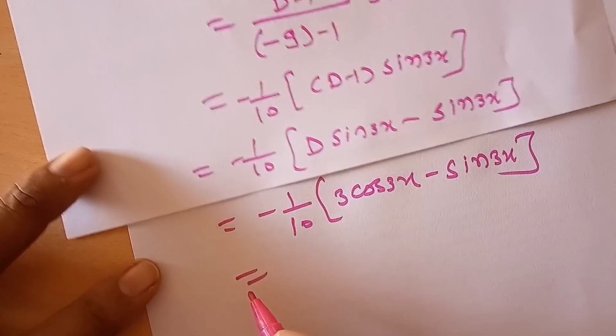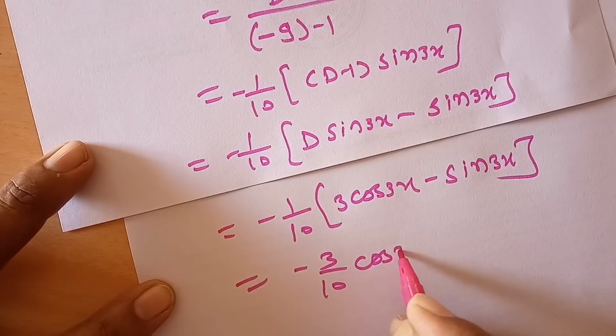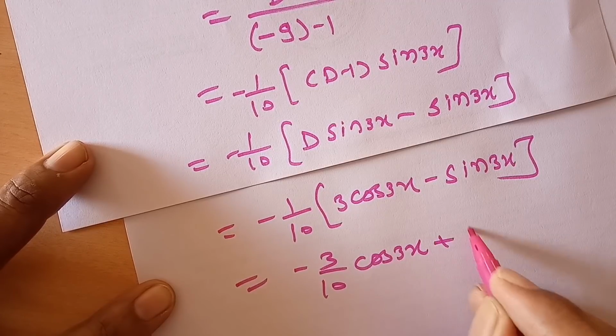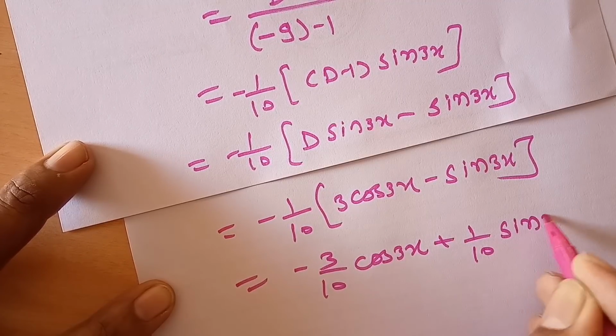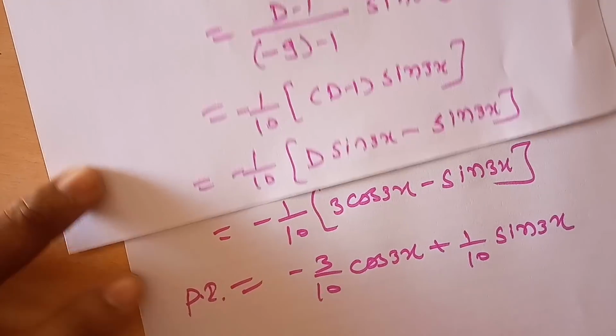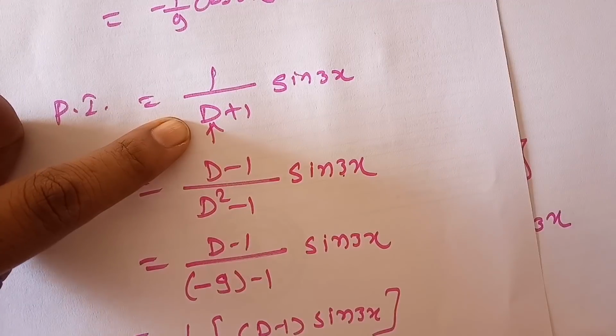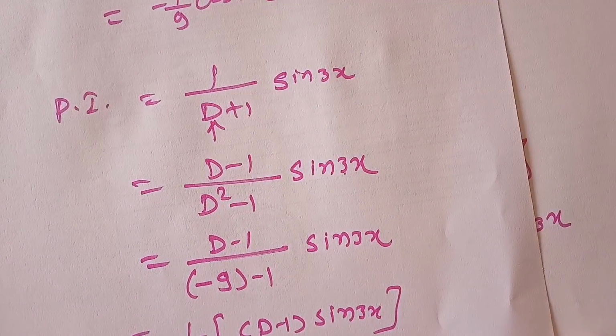I will write this PI in this way also: minus 3 divided by 10 cos of 3x plus 1 by 10 into sine of 3x. This is our PI for our given problem. This is our PI for sine of 1 upon D minus 1 sine of 3x.